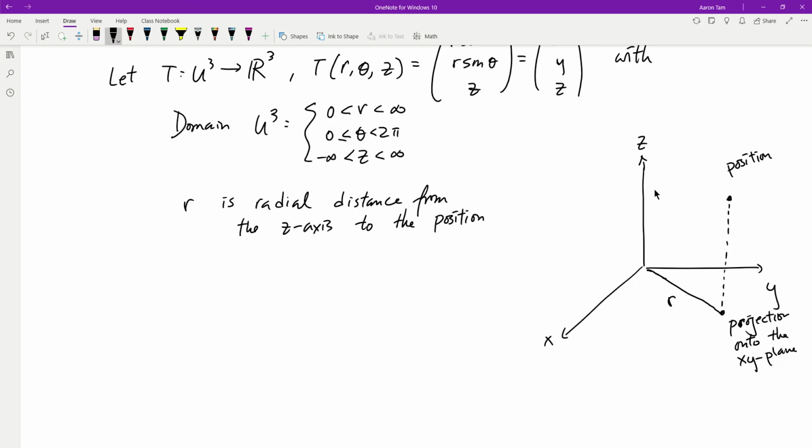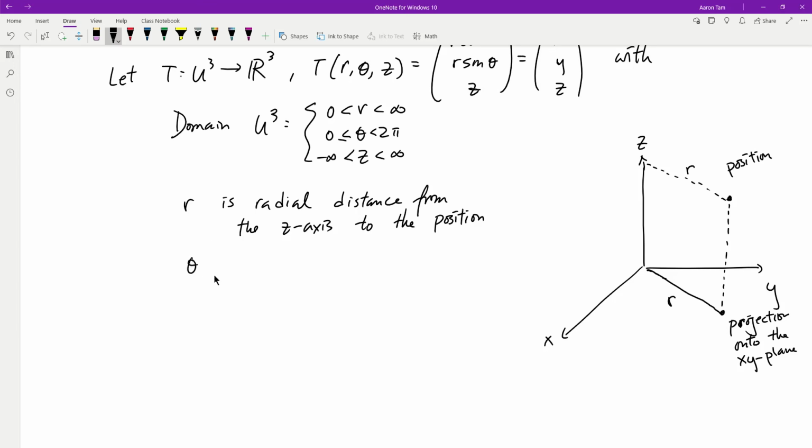And that distance would technically be the same distance as from this point to the z-axis. So you can also call r the distance from the origin to the projection of the position on the xy plane, if that helps you understand r better. But probably the easiest way to think of r is that it's the same exact r as in the polar coordinate system.